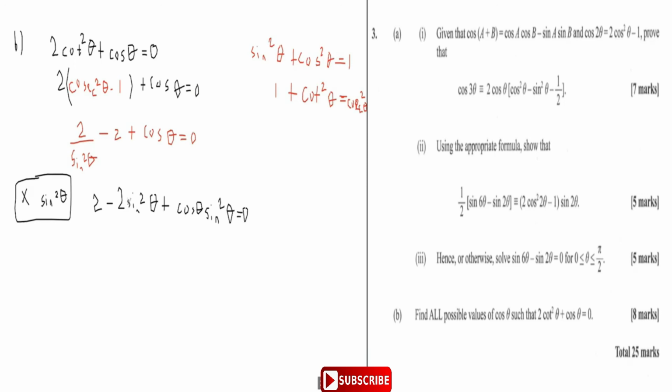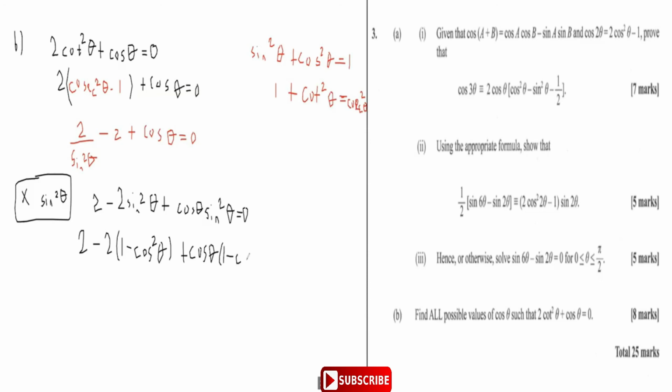Well, you can identify that sine squared theta is 1 minus cos squared theta. So you can rewrite it now as 2 minus 2 times (1 minus cos squared theta) plus cos theta times (1 minus cos squared theta), because that's sine squared theta. I know I'm substituting a lot of identities.